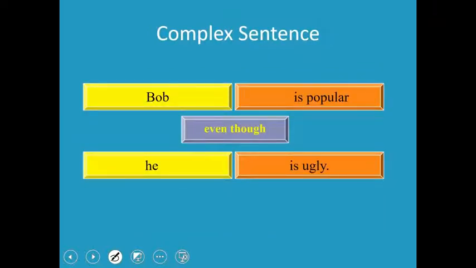So let's see another example of a complex sentence. Bob is popular even though he's ugly. Even though is tying one of the parts of the sentence to another. So we got Bob is popular even though, so it's missing information. Even though what? Even though he's ugly.